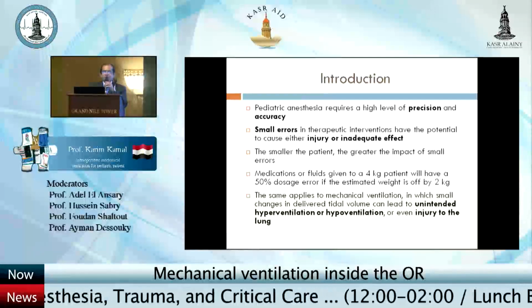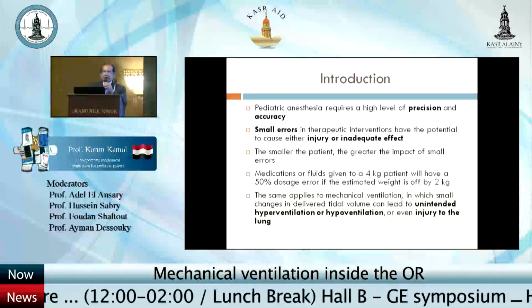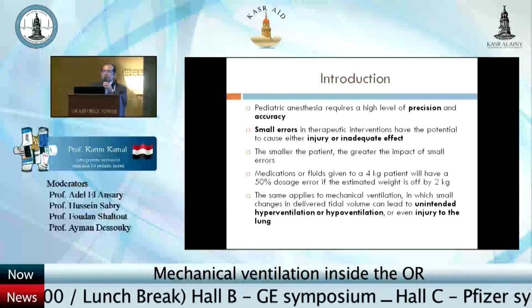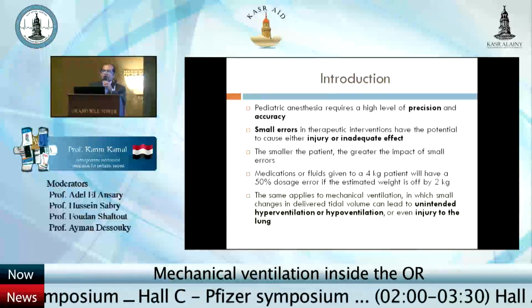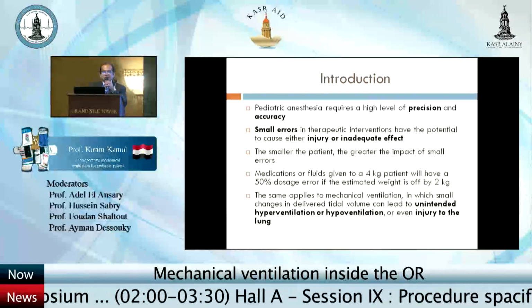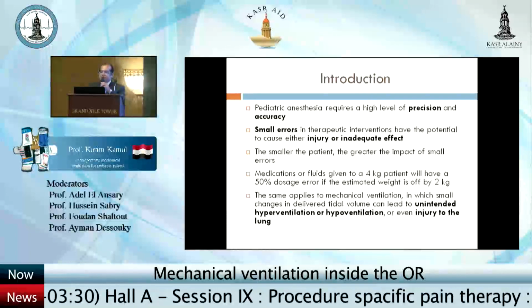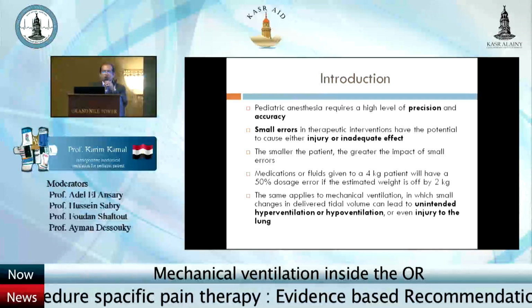For example, if you give medications or fluids to a 4 kilogram patient, you will have a 50% dosage error if you estimate the weight by 2 kilograms more or less. So if you're dealing with a 4 kilogram patient and you consider him to be weighing 6 kilograms, you'll give him 50% more fluids and 50% more dosage of any drug you give.